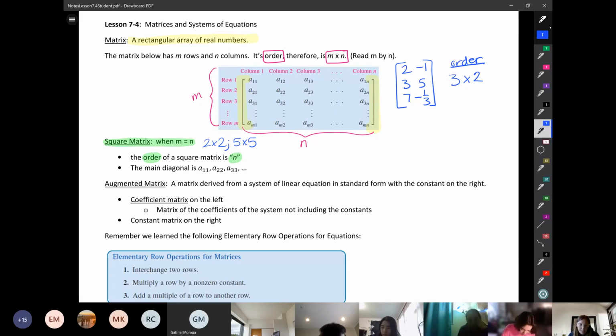And then in a square matrix, we have something called the main diagonal. The main diagonal goes corner to corner. In the example here, we have A11, A22, A33, and so on. It won't go to that corner unless it is square.